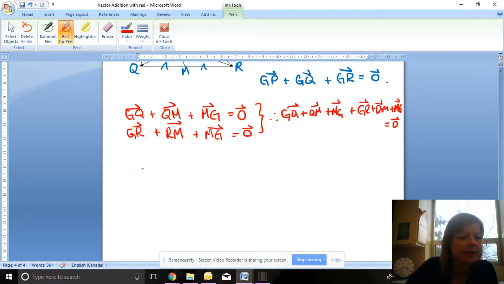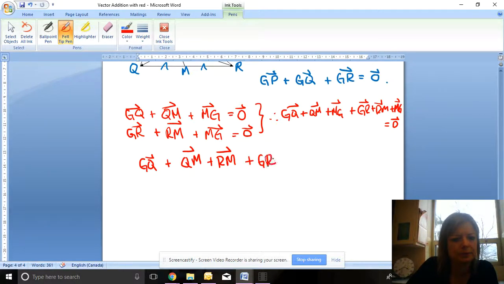So I can rewrite this as GQ plus QM plus RM plus GR, and I'm going to write 2MG, because there are two of them, equal to the zero vector.